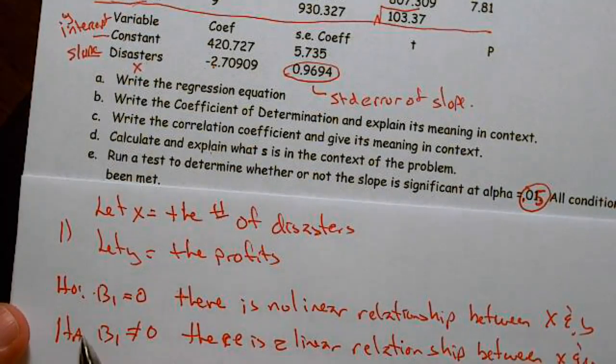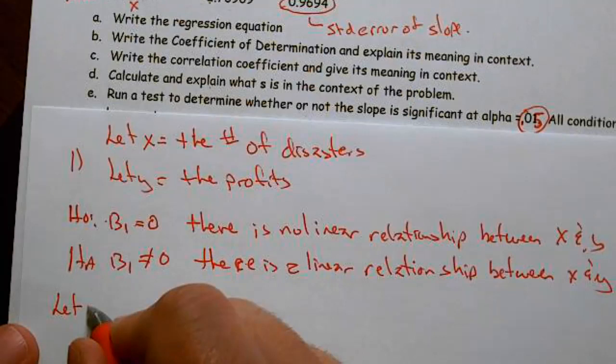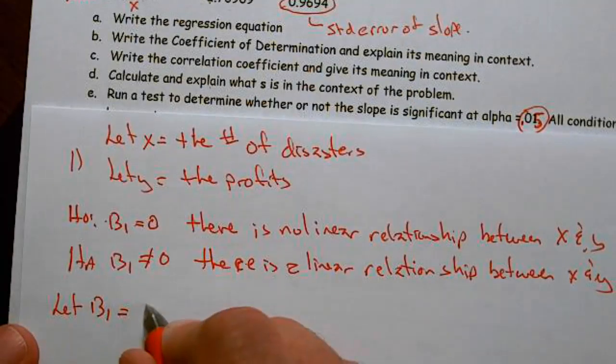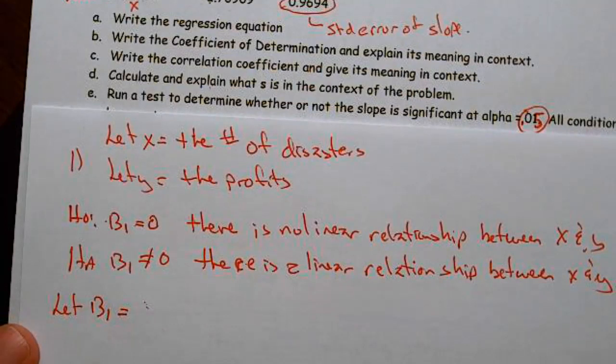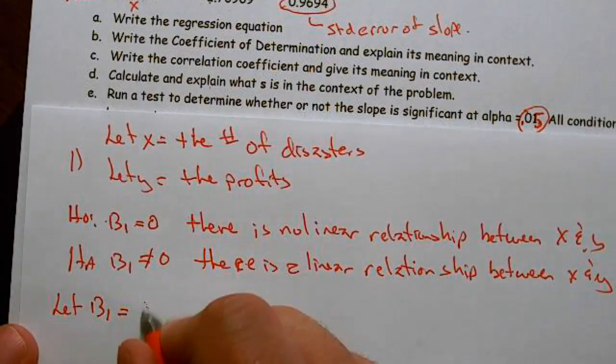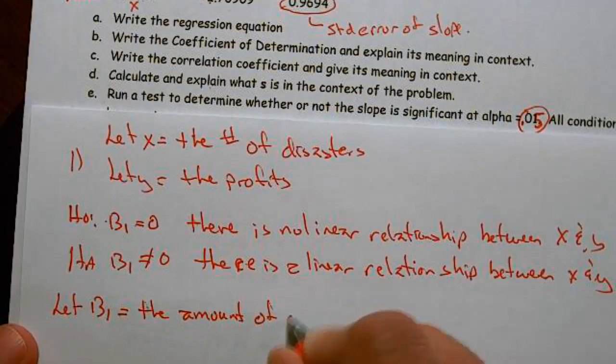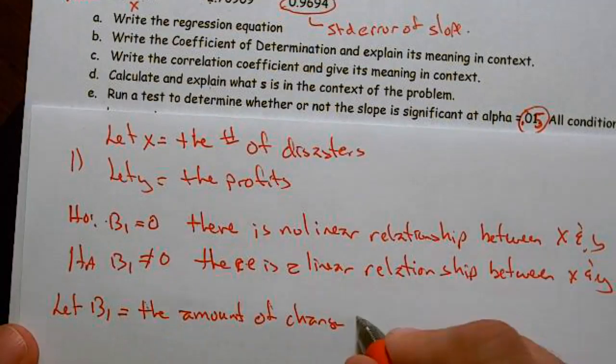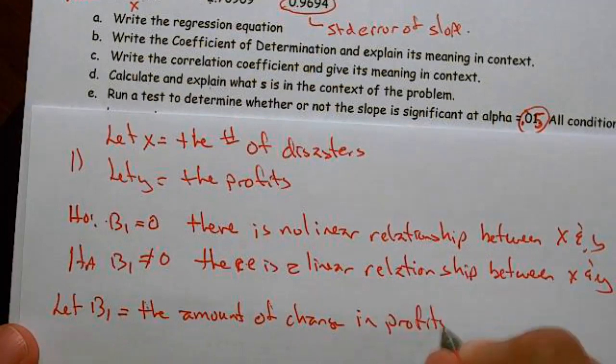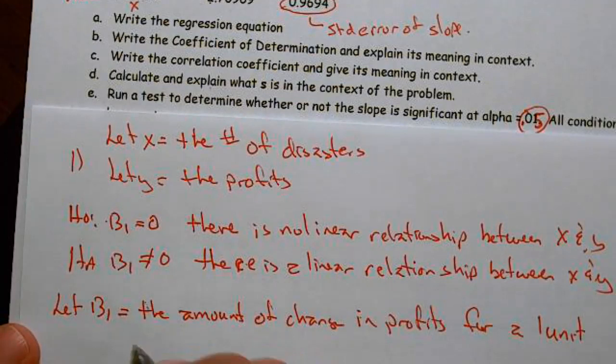All right. We need to define beta 1. Let beta 1 equal, and the best way to say that, the amount of change in profits for a 1 unit increase in the number of disasters.